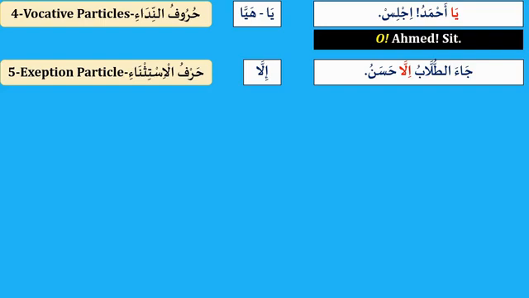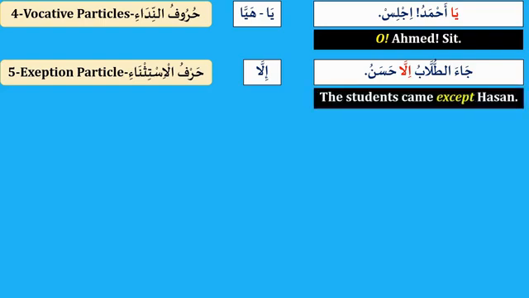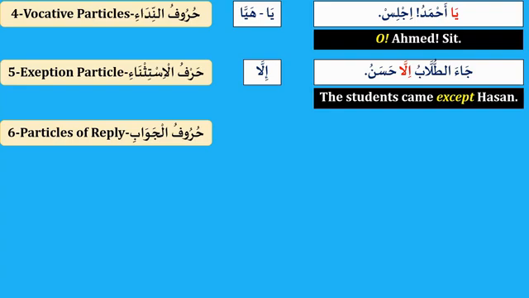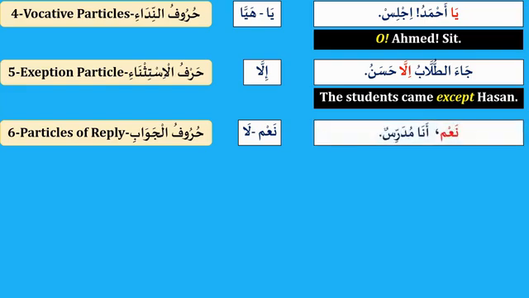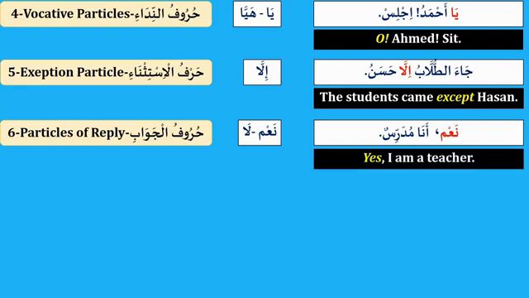Example, جاء الطلاب إلا حسن. The students came except Hassan. إلا means except. Next one, particles of reply, حروف الجواب. نعم and لا, yes or no. Example, نعم أنا مدرس. Yes, I am a teacher.